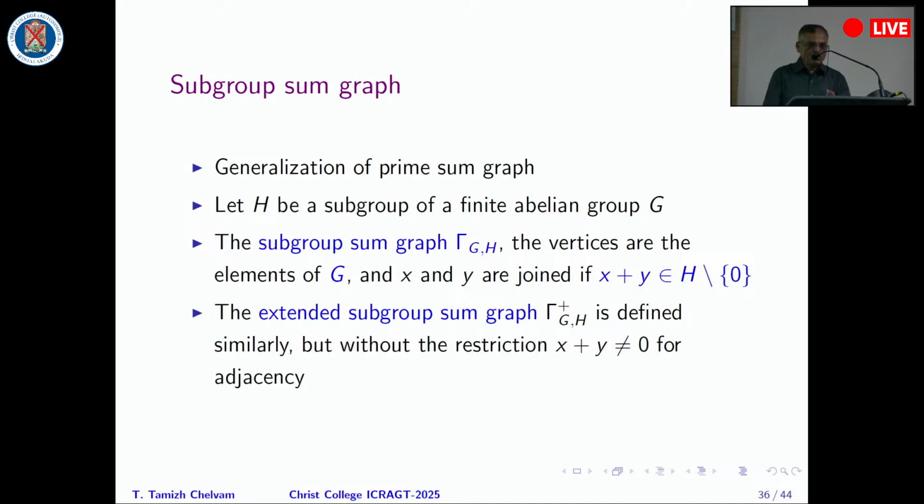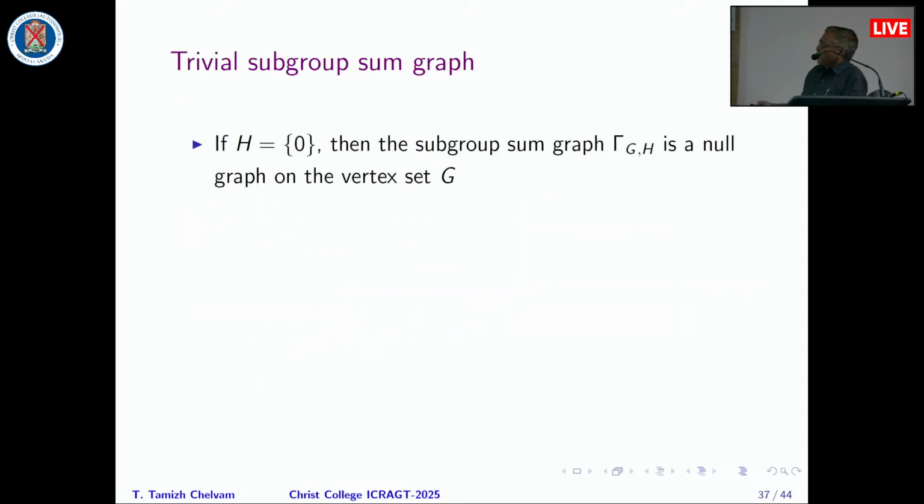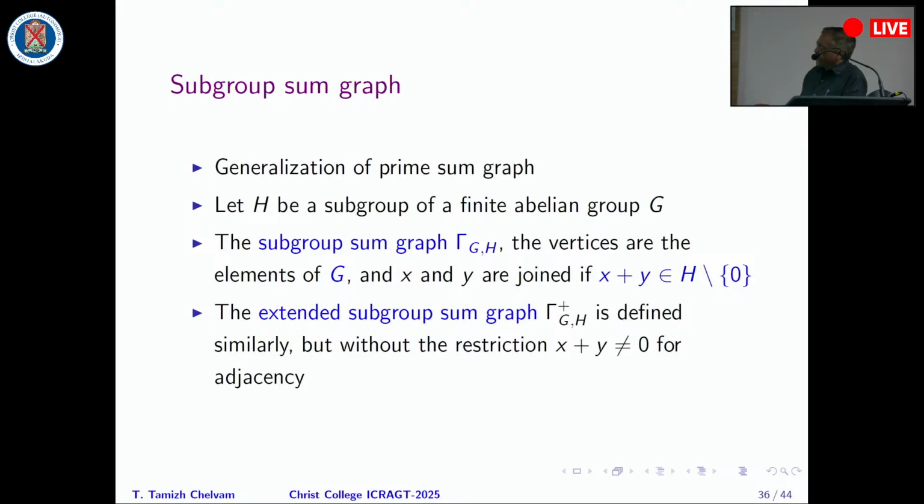We take a subgroup, we demand x plus y is an element of that subgroup. And naturally, for this subgroup sum graph, either the square element graph or the cubic graph are particular cases of this one.